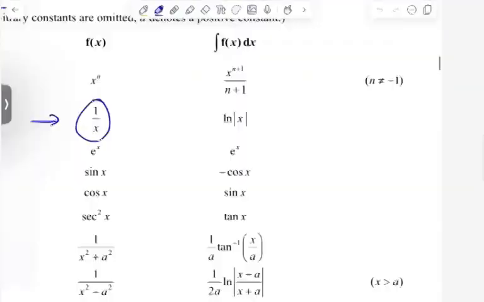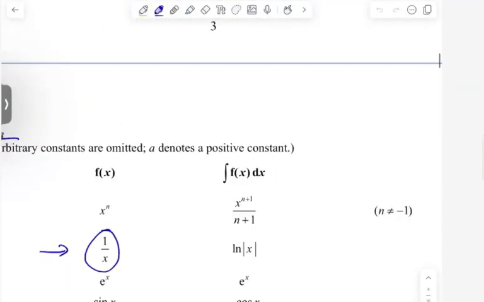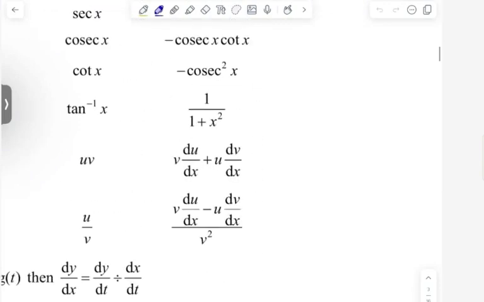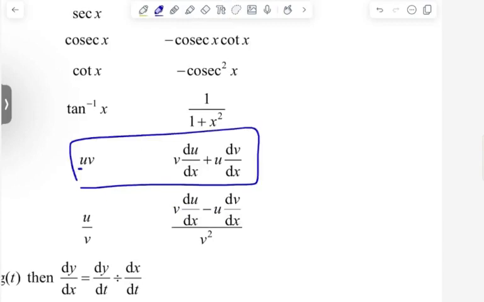I don't actually use the MF19 to do this, but let me just show you. Under differentiation, you're going to use this rule over here. So you have a product, u times v, and so you can differentiate u and differentiate v, and then paste the pieces together as per the product rule.